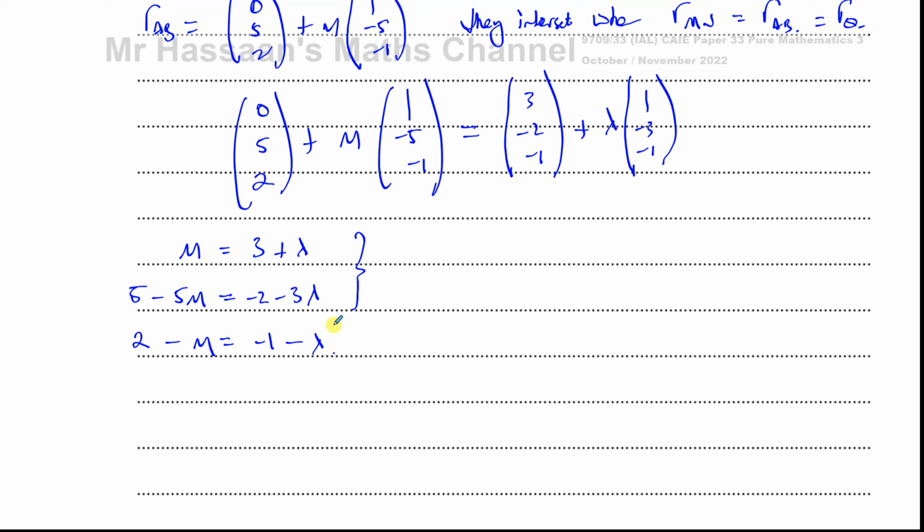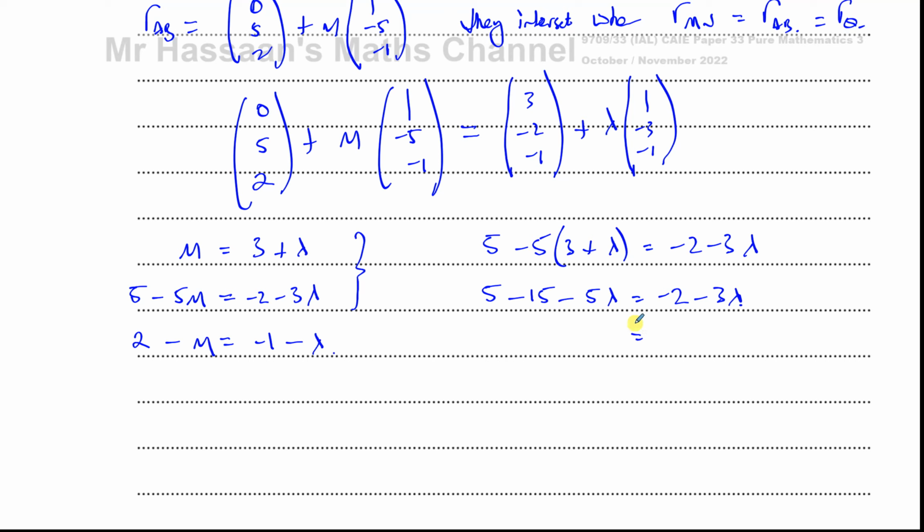I'm going to use some substitution. I'm going to replace this mu with 3 plus lambda. So I have 5 minus 5 times, instead of mu, 3 plus lambda, equals negative 2 minus 3 lambda. By doing that, we have eliminated the mu from the equation. We have an equation just in lambda. So we have 5 minus 15 minus 5 lambda equals negative 2 minus 3 lambda.